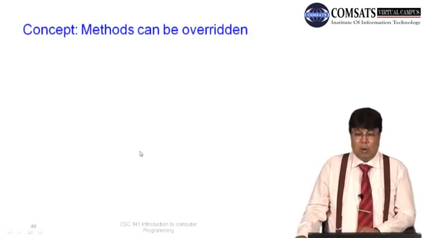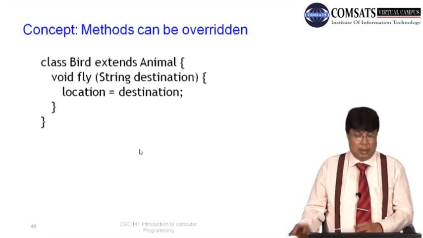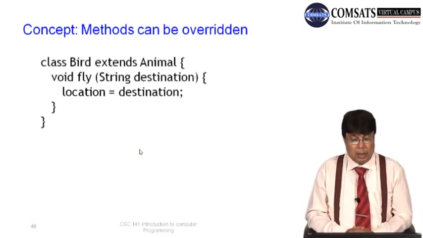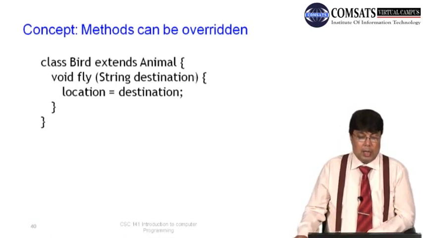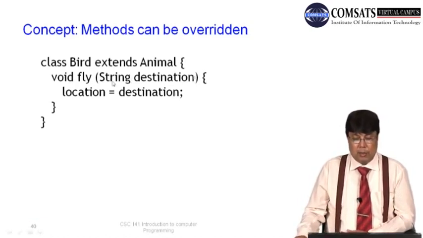Methods that can be overridden. Let me quickly give you another example, that is class bird, and we can extend it as a subclass of animal. Then we can say that the bird can fly, and we can define a string destination where the bird flies, and then location is equal to destination.